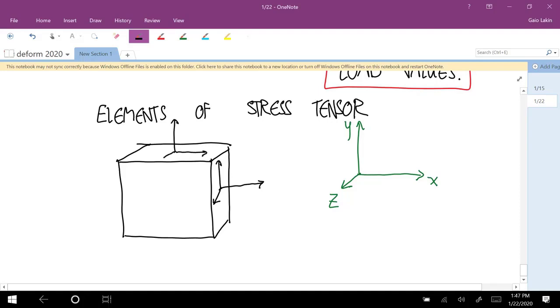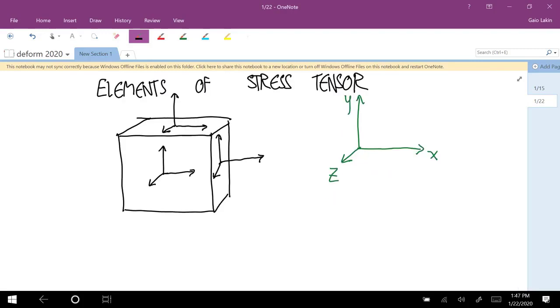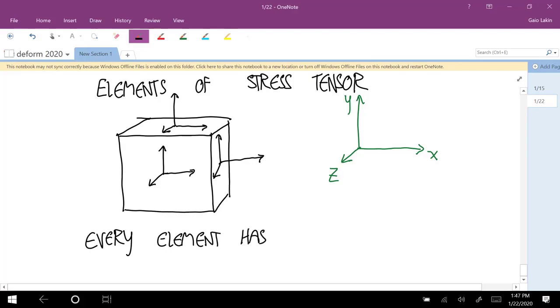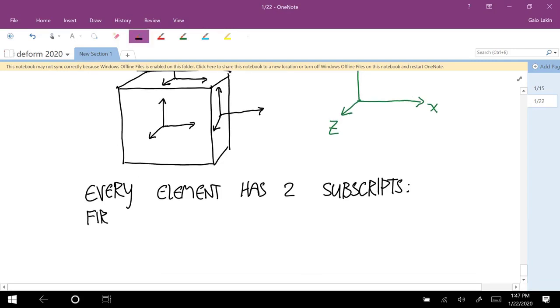On each face, there are forces in the direction of every axis. But we only need to represent these three faces. Every element has two subscripts. The first is the face that you're on, and the second is the component.